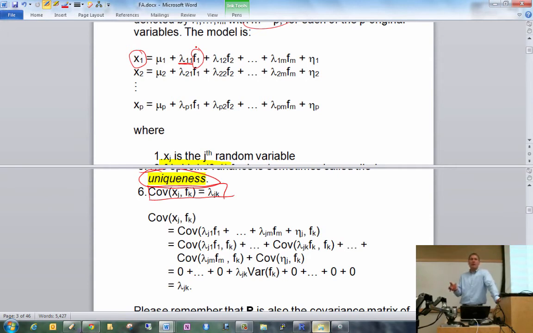If lambda 1,1 is 0, then that says f has no linear effect on x. If lambda 1,1 is greater than 0, it says it has a positive effect. Now, this is represented by the covariance that you see there. I'll let you look at the proof on your own. It does require some mathematical statistics.